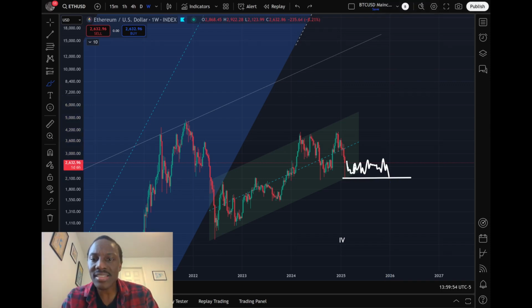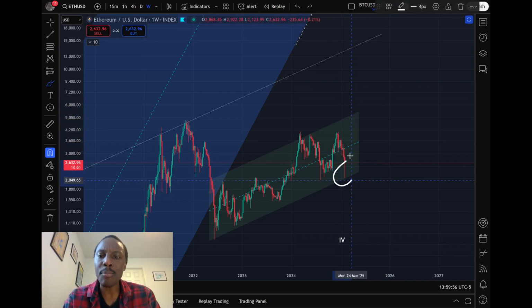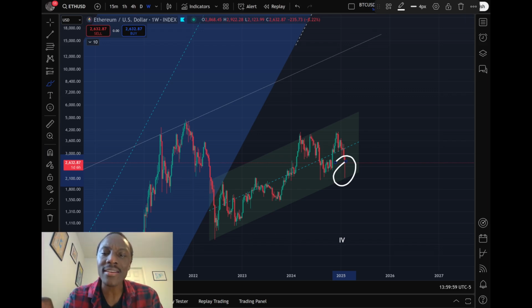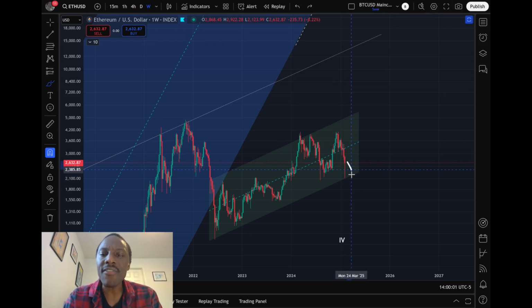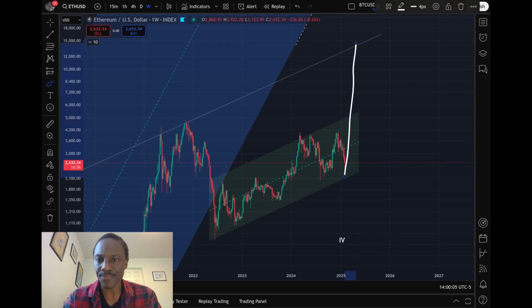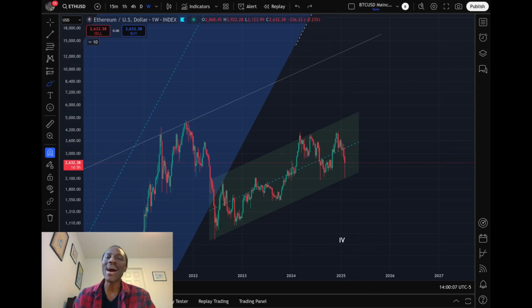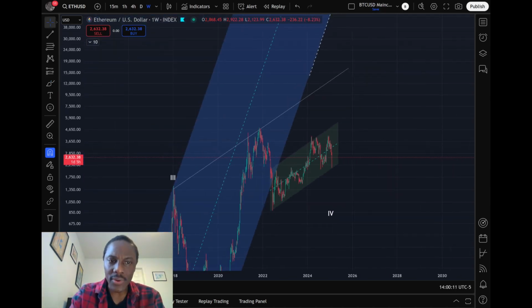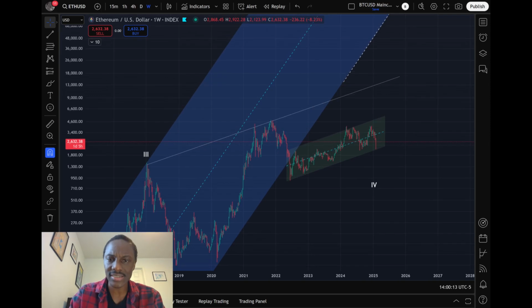But this denotes a particularly bullish trend whereby you're not even bothering to fill in the wick because there's too much buying pressure. So my next target for Ethereum is quite logically going to be at the next logical resistance. Next logical resistance is up here.